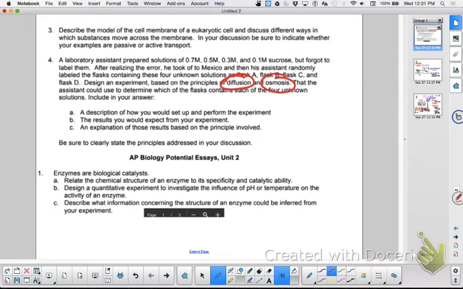Enzymes are biological catalysts. What do catalysts do in general? What do catalysts do? Start a reaction. Yeah, they get a reaction, right, to go faster. So the first part here, it says, relate the chemical structure of an enzyme to its specificity and catalytic ability. So the first thing I would want to talk about is, what is the structure of an enzyme? And they are primarily built out of what? Proteins.